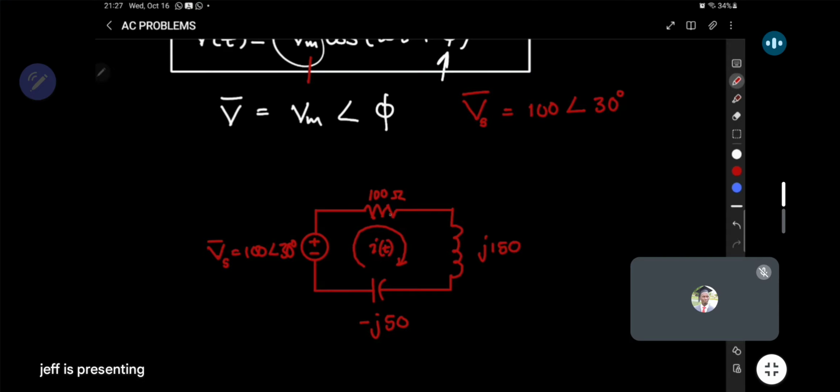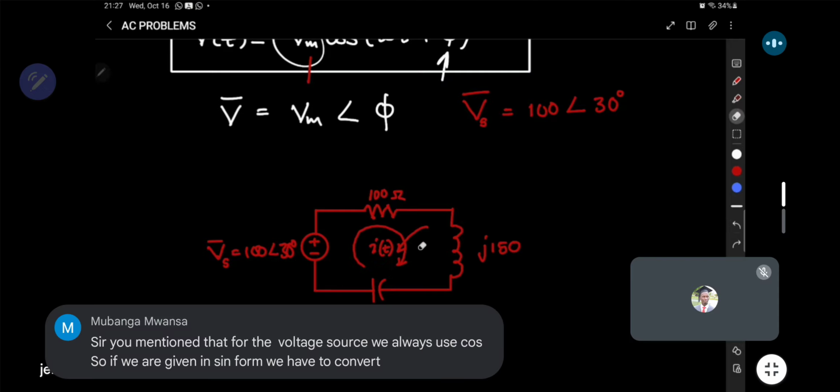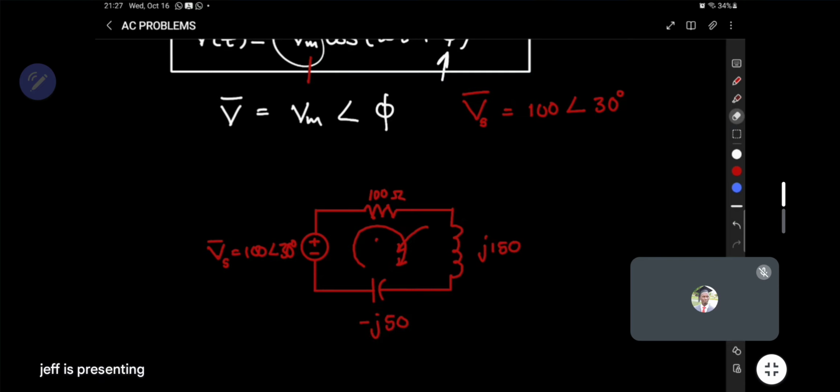Now once we transform, what we are aiming at when looping is no longer the steady state current. Instead, what we are getting is going to be the phasor current.